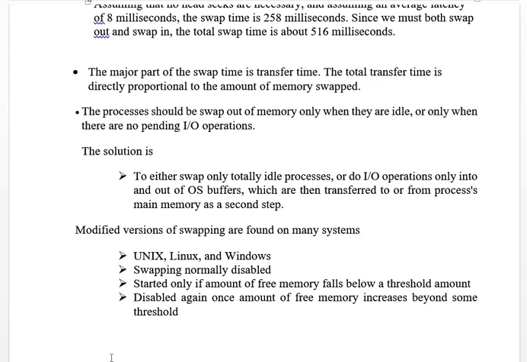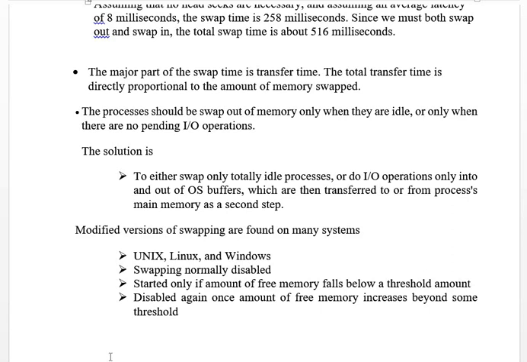Assume that the input and output operation is queued, or it is waiting because the device is busy. And if we were able to swap out that process and swap in a new process, then the input and output operation might then attempt to use the memory that belongs to the new process.